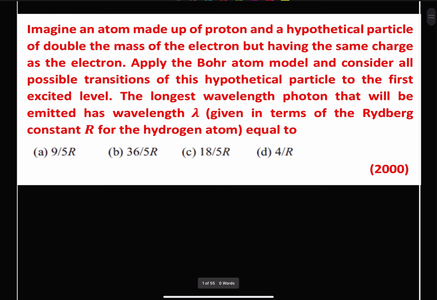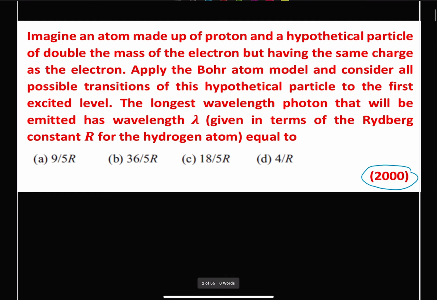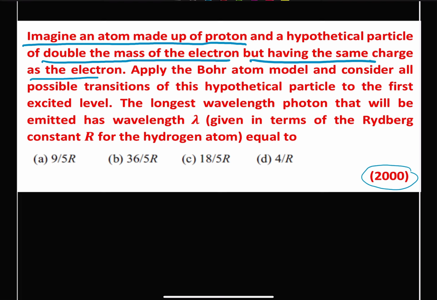So in the first question, it was asked in the year 2000, and it states that imagine an atom made of proton and hypothetical particle of double the mass of electron but having the same charge as of electron.